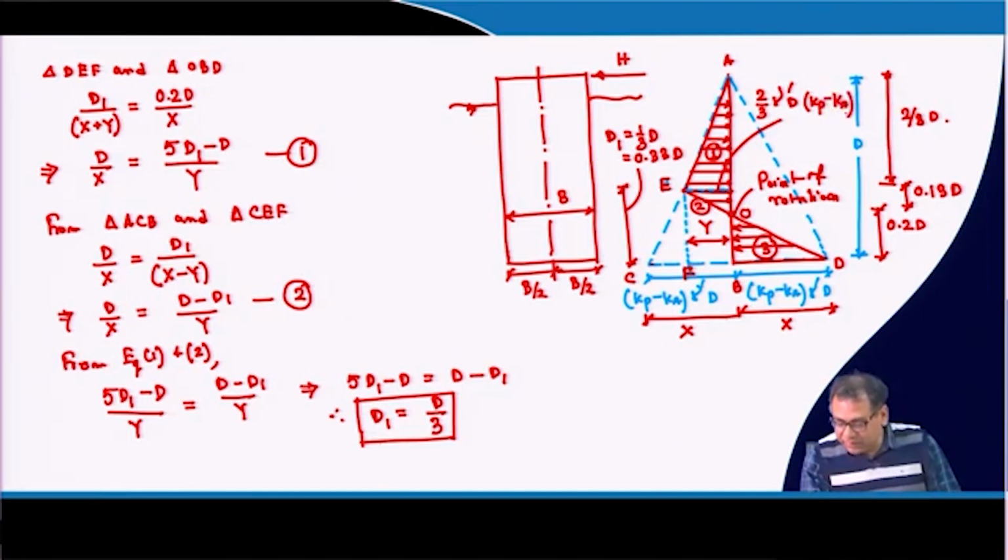Because if at a depth of d the pressure is Kp minus Ka times gamma dash d, then at 2/3 of d it will be Kp minus Ka times gamma dash times 2/3 of d. At d it is Kp minus Ka gamma dash d, so at 2/3 of d you replace d by 2/3 of d. That is the pressure distribution at this point.